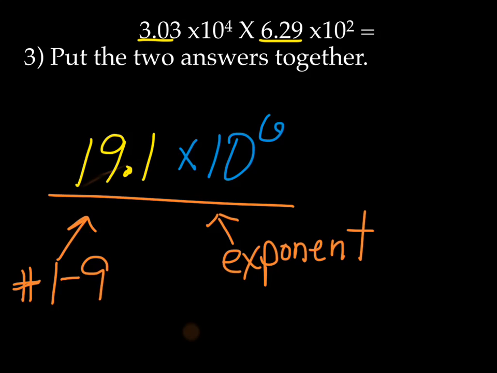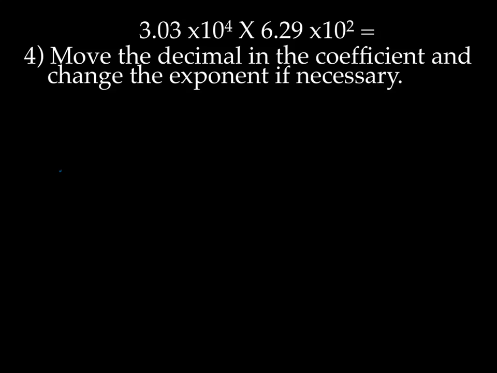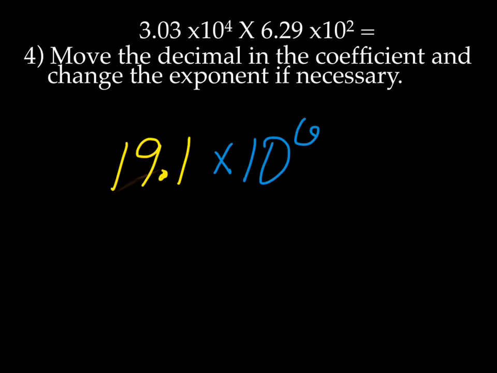It's not. So what we need to do now is move the decimal in the coefficient and change the exponent if necessary. So what do we need to do to make 19.1 have only one number in front of the decimal? Well, we move the decimal and make it 1.91.